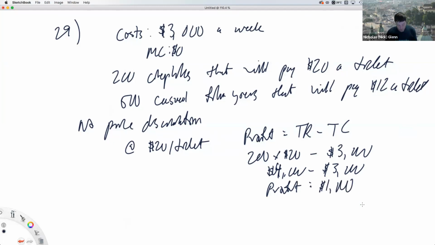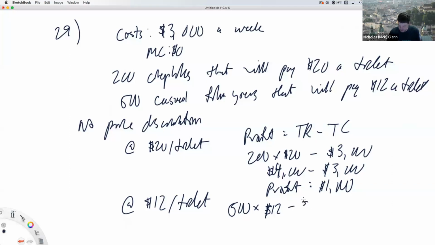Okay, now we need to look at what if it's $12 a ticket? What's the profit? Well, now there are 500 people that will go see the movie, so the revenue will be $6,000. The price is getting less, but more people will go see it. Total cost is the same. It doesn't matter that more people are showing up.